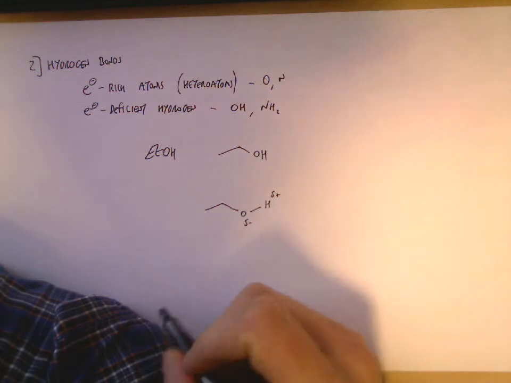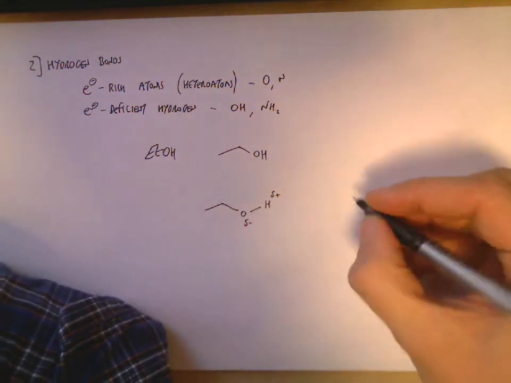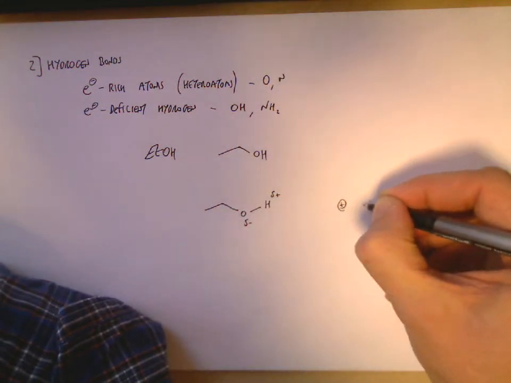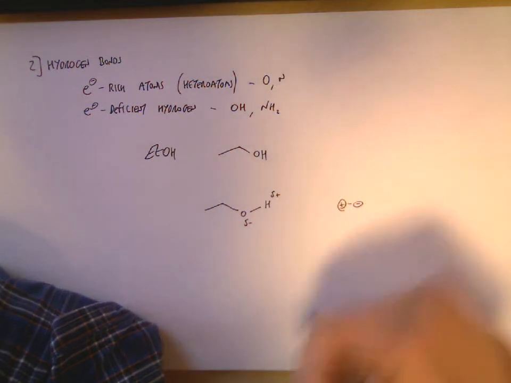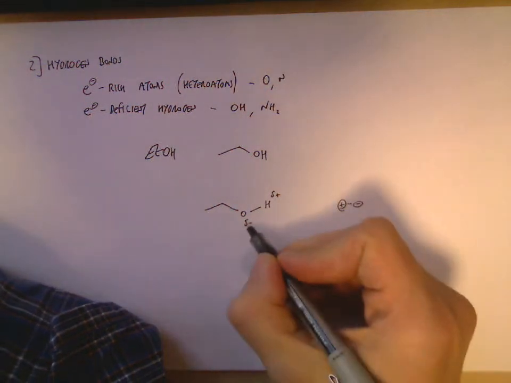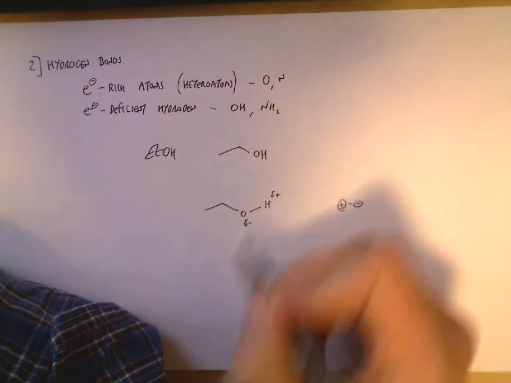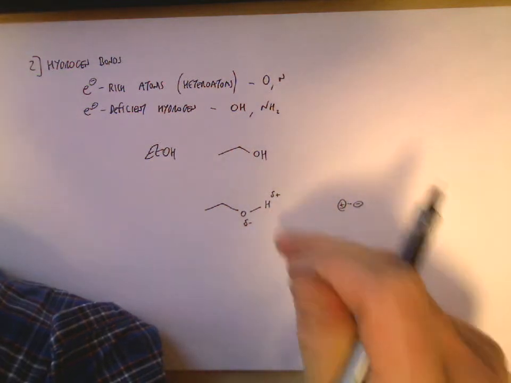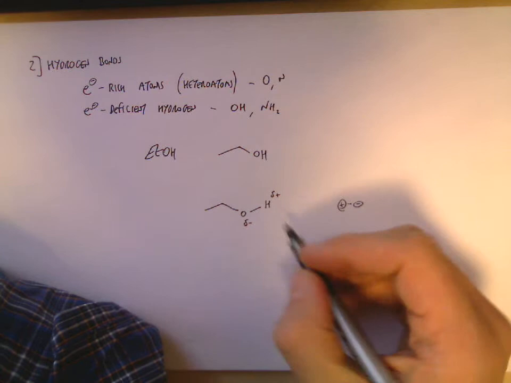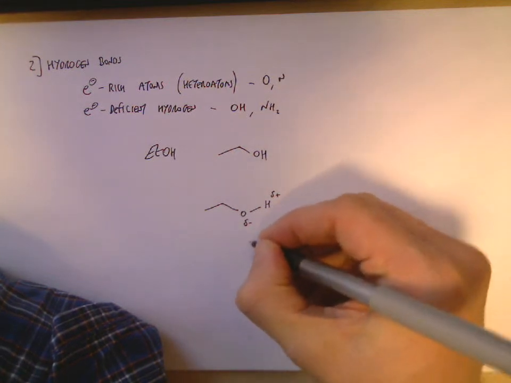Now we've just seen in the previous example that if you have a positive charge and a negative charge, there will be an interaction between them, an electrostatic interaction. Here we have a partial negative charge and a partial positive charge, so they should also interact with other molecules of ethanol in a similar way.